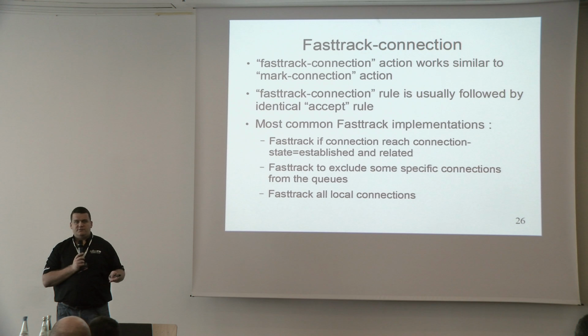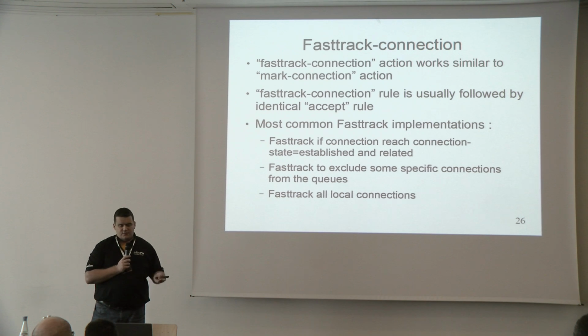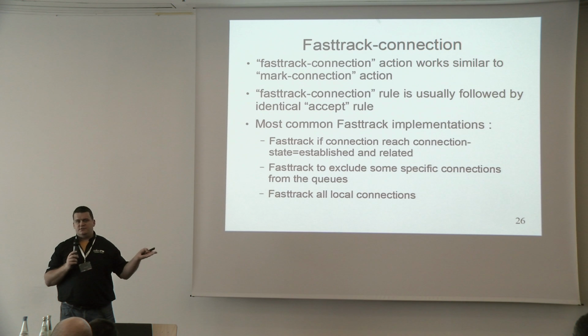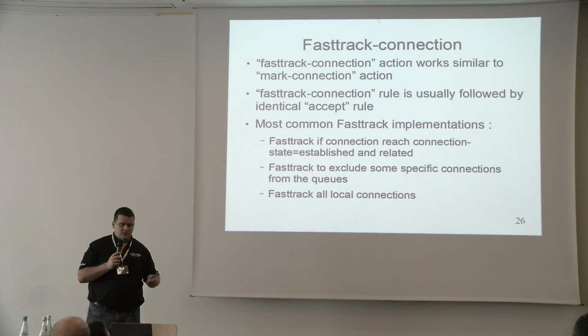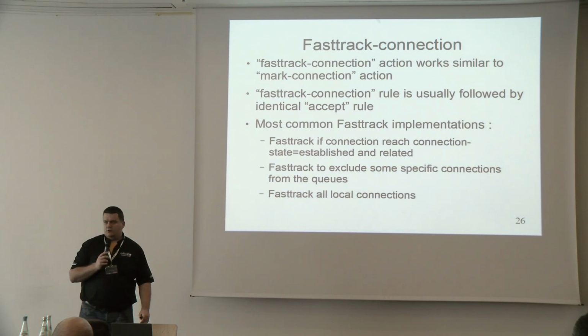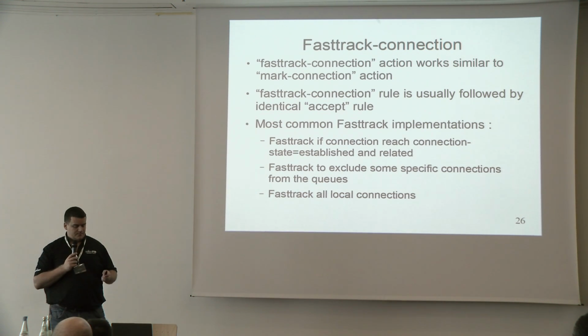For example, your VoIP traffic. You just fast track it so it goes straight through. And the third most popular is just fast track your local connections. So you have DMZ servers, you fast track all the local traffic, and all the public traffic goes through the firewall as usual.